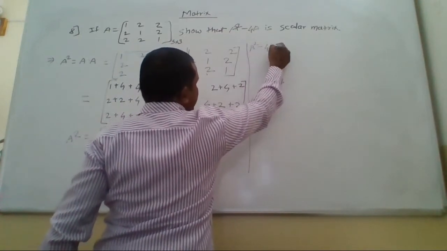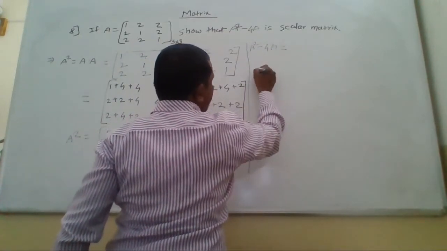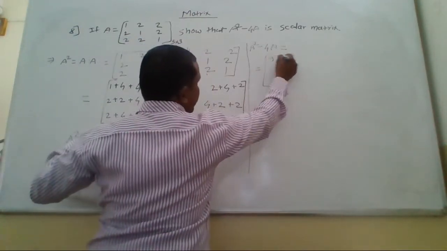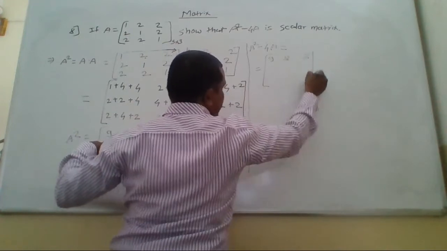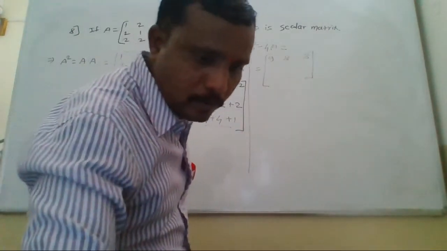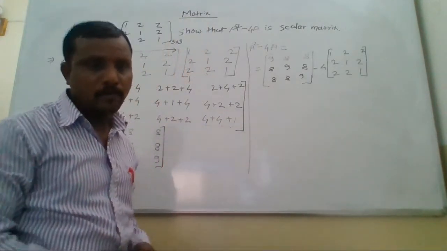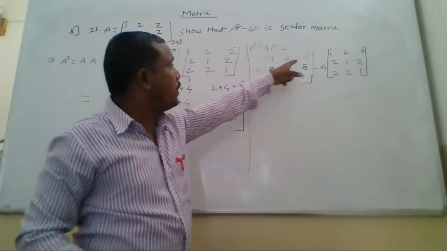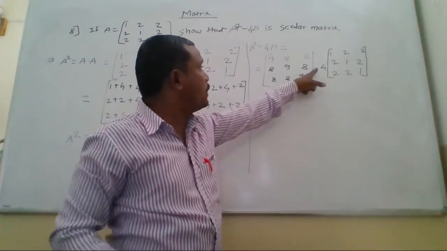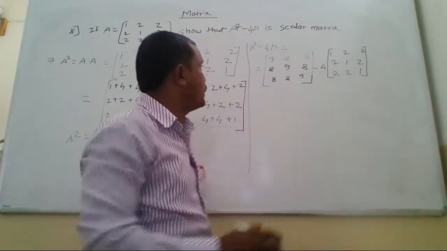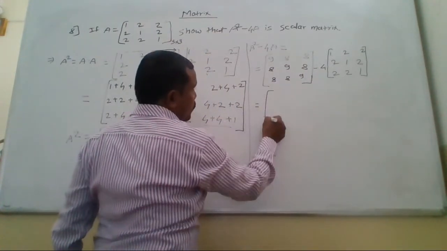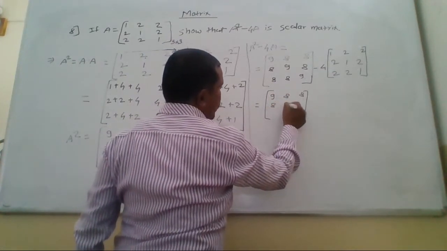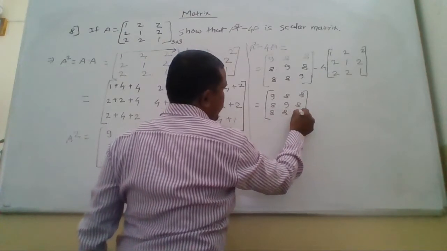Take the A square matrix, which is [9 8 8; 8 9 8; 8 8 9], minus 4 into the A matrix. Here A square is as it is: 9 8 8, 8 9 8, 8 8 9.